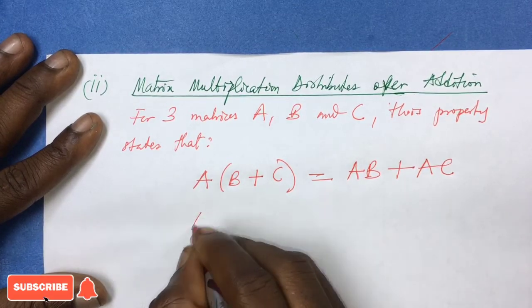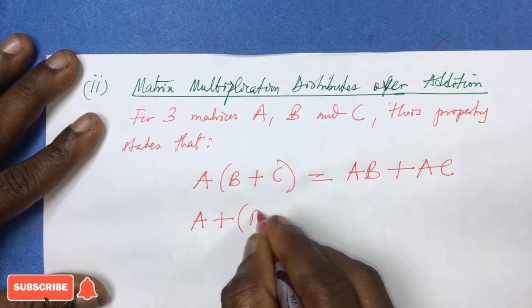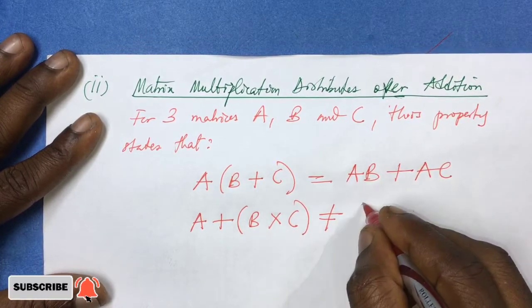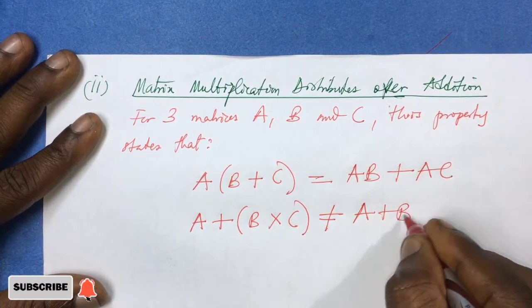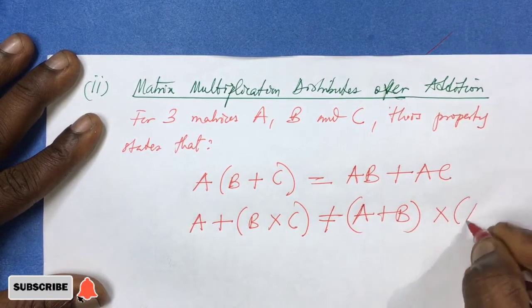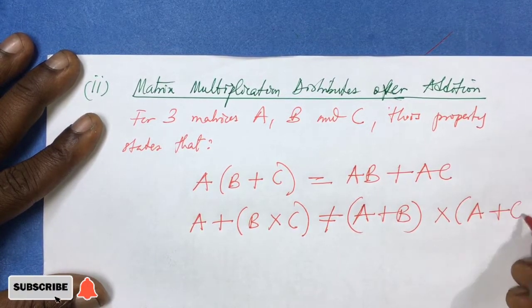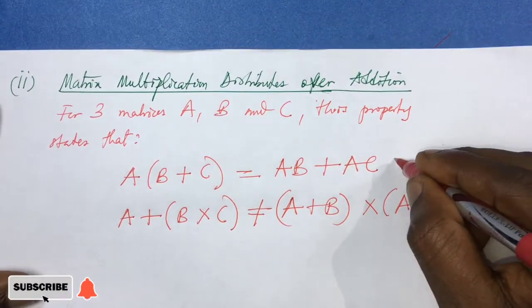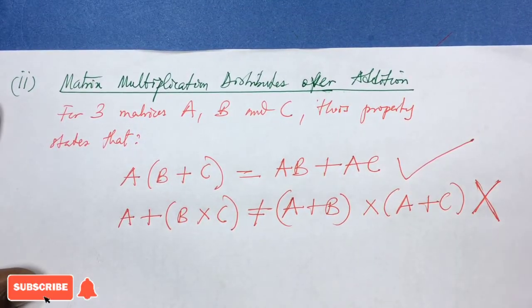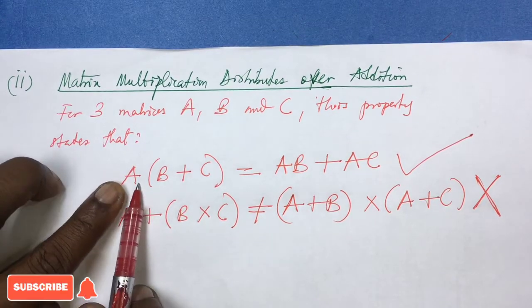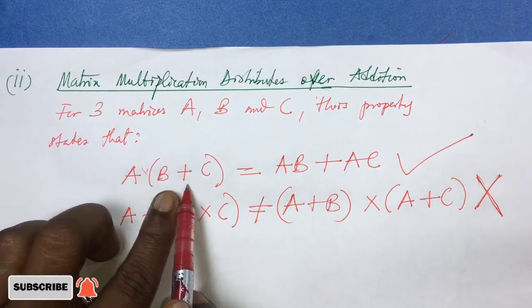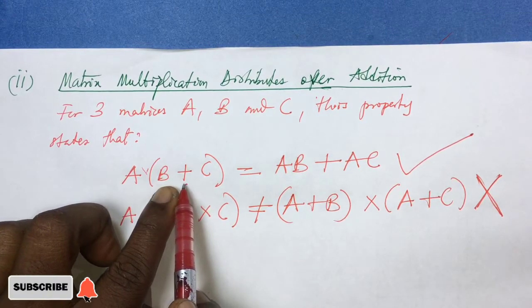Now, take note, on the other hand, addition does not distribute over multiplication. So this is not true. This is not true. Okay, so this is not true, but this is true, and that is what I want to show you. Okay, so this one shows you that the multiplication sign, which is what is outside, distributes over the addition sign.